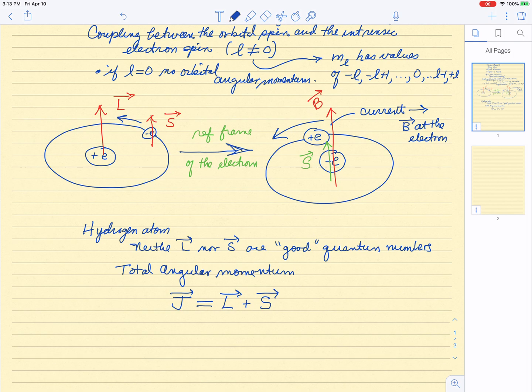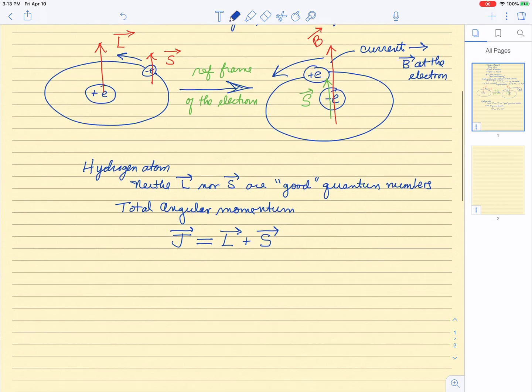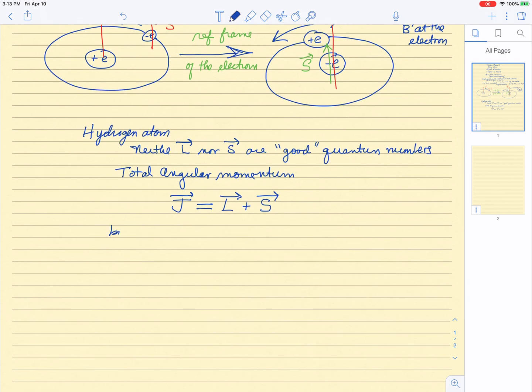Working with angular momentum here, by analogy, the magnitude of the total angular momentum is going to be the square root of j times j plus 1 times h bar.